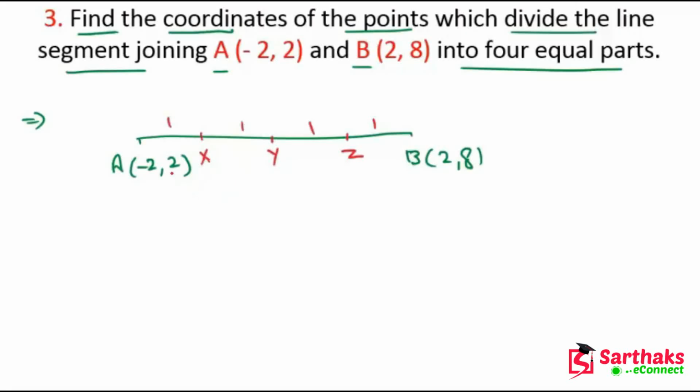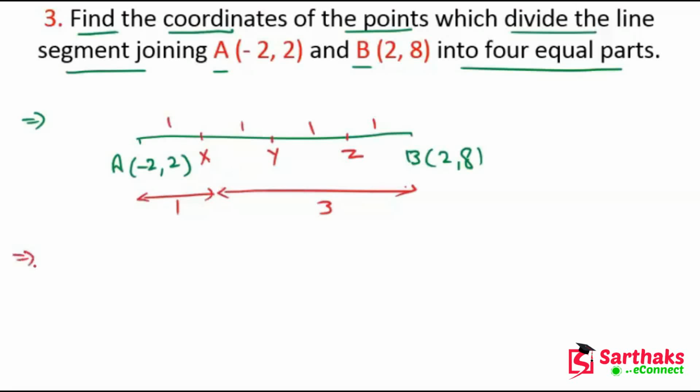If you observe, the ratio AX to XB is: this is 1, and from this it is 1 plus 1 plus 1, which is 3. So AX to XB is 1:3. Now with the help of this, we can easily find the coordinates of x.